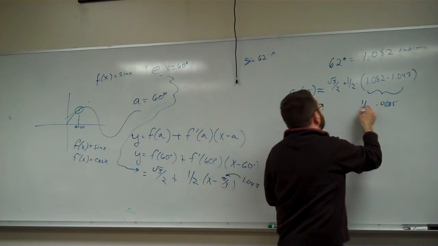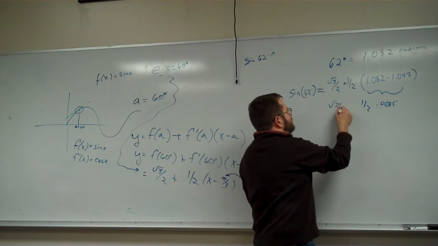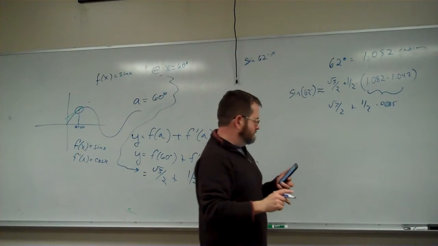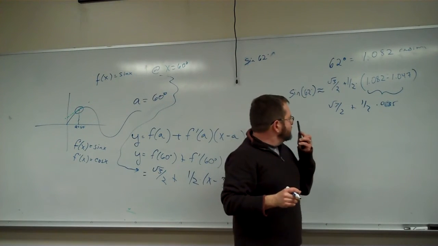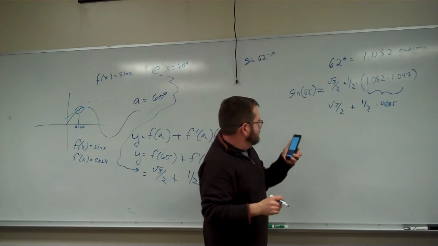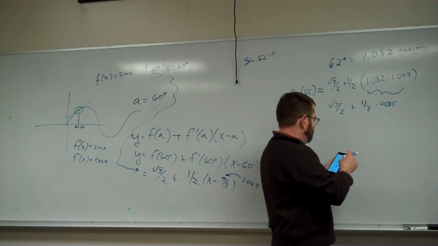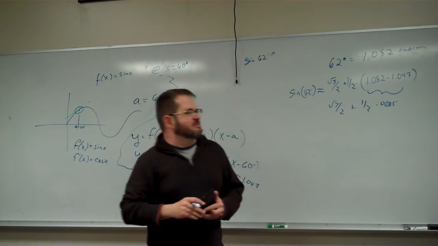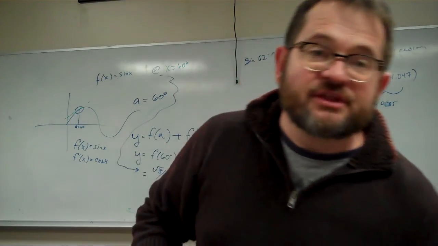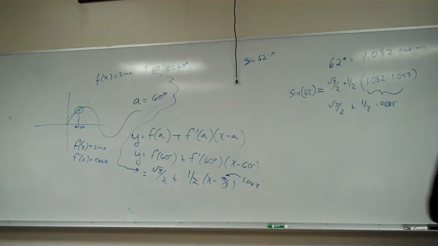Times 1/2. Square root of 3 over 2. What is the square root of 3 divided by 2? The answer is approximately 0.866. No, it's not letting me at all. All right, my calculator's kicking me up. But you do the math on this. Well, let's look at the answer in the book instead, because my calculator's in the wrong mode now.